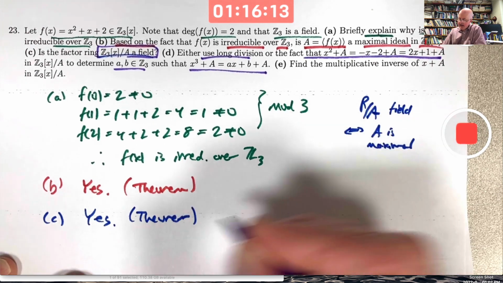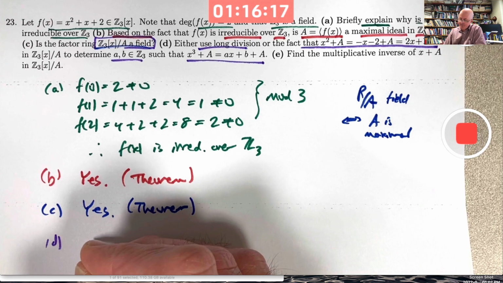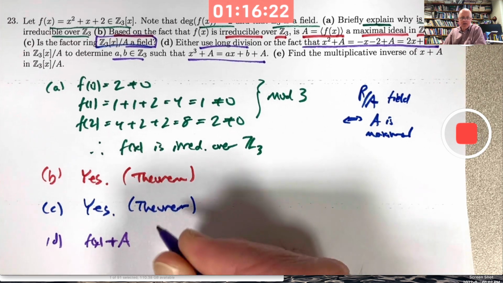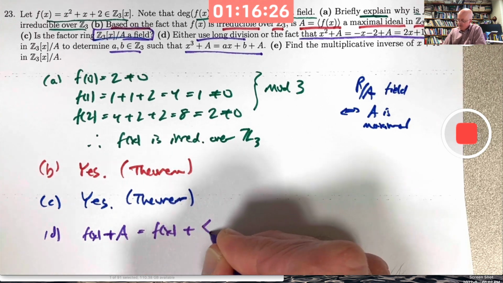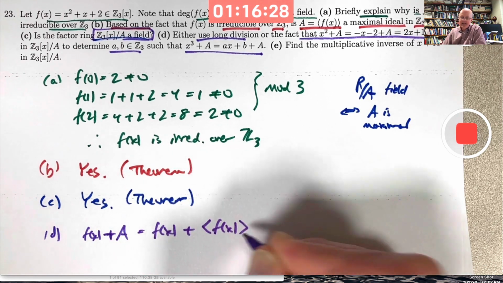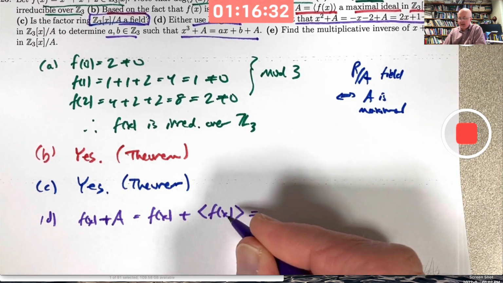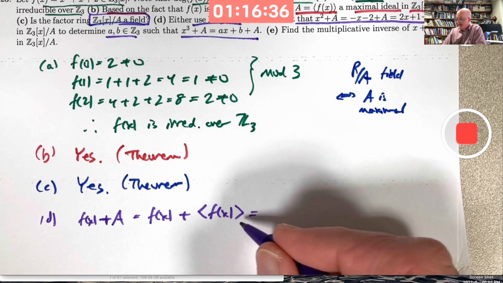Essentially, you're going to be able to say that the left coset f of x plus A, where A is the principal ideal generated by f of x, is the trivial ideal, because the f of x gets sucked into that coset there, the ideal.